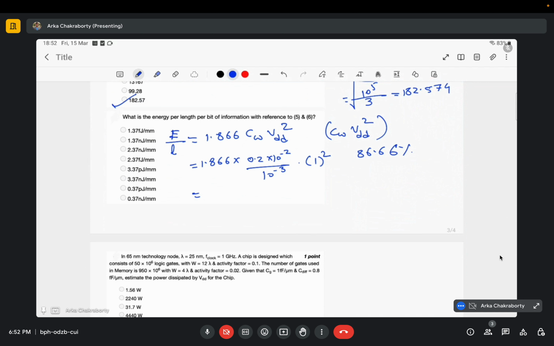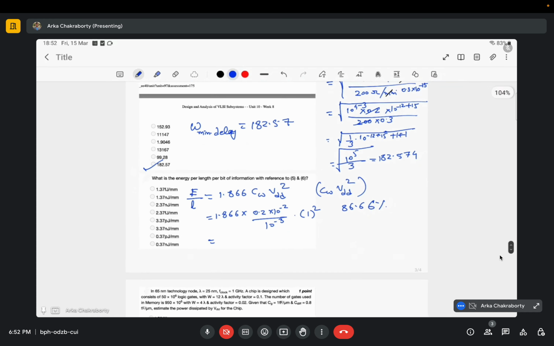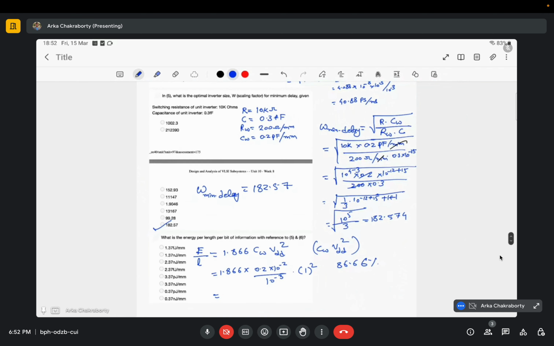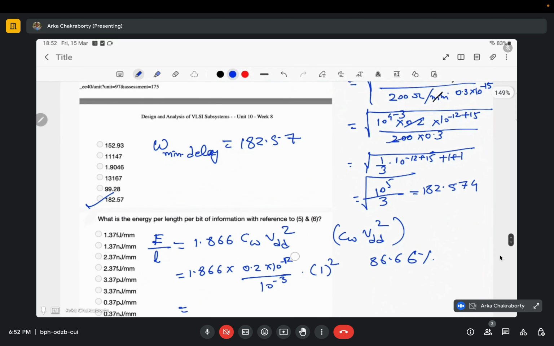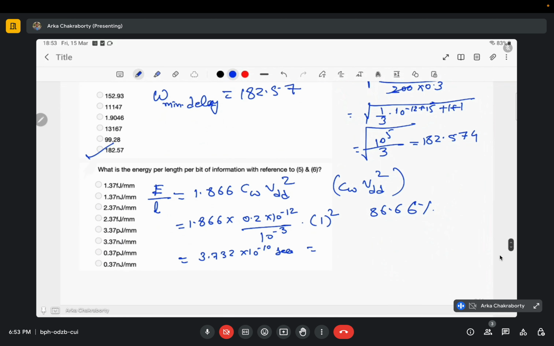Okay, so the answer is, sorry, it's minus 12, not minus 2. Okay, so the answer would be 3.732 into 10 to the power minus 10 second, or 373.2 picosecond is the answer.